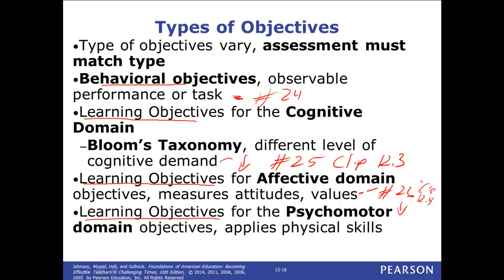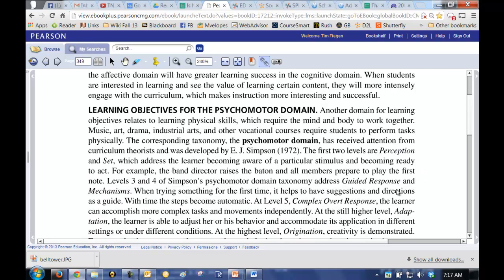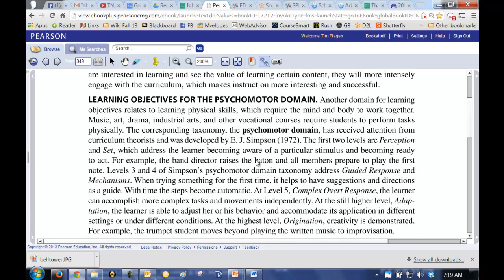Affective domain, and now psychomotor domain. Psychomotor domain really has to do with physically doing something, mind and body working together. So who's interested in this? Well, this is where the music, art, drama, industrial arts, and other vocational courses require students to perform.